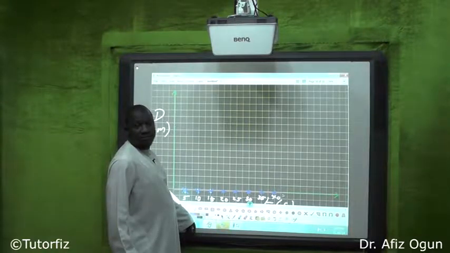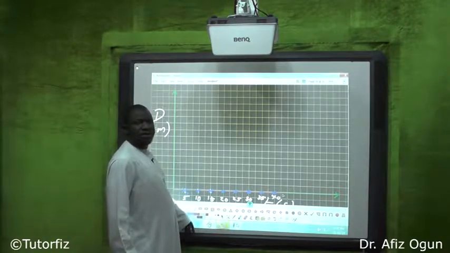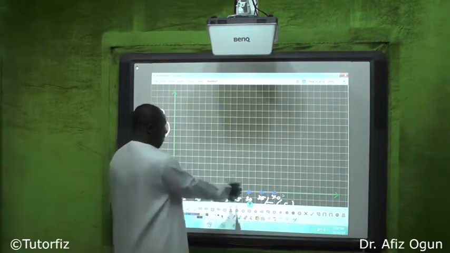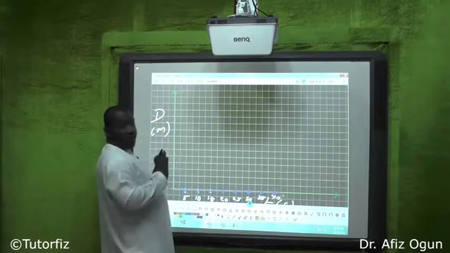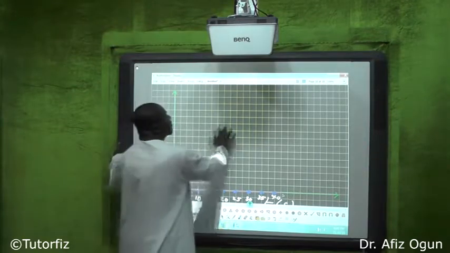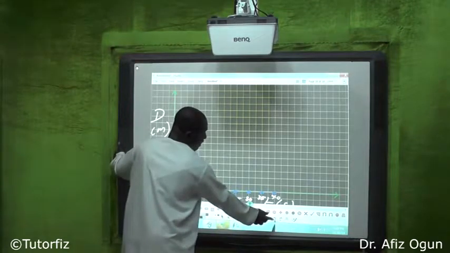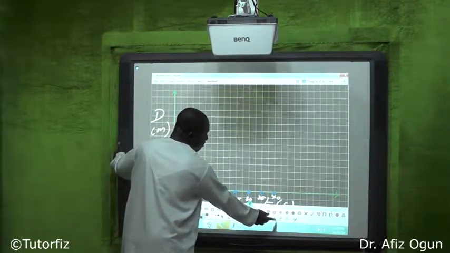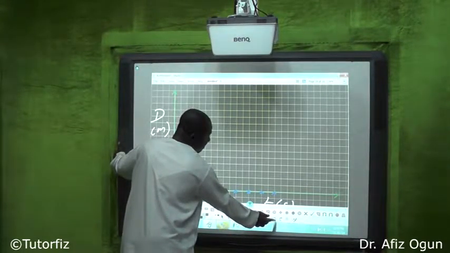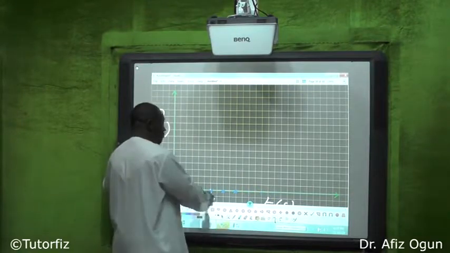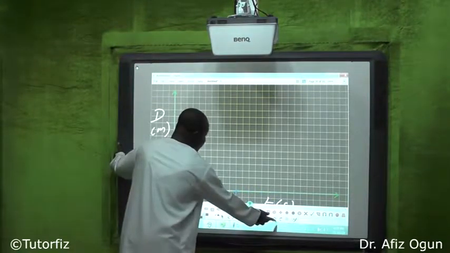It doesn't just have to be like this alone. Anything horizontal to the horizontal axis, that is to the time axis, is a body at rest.